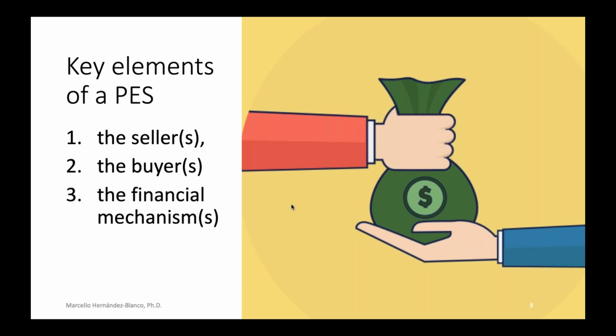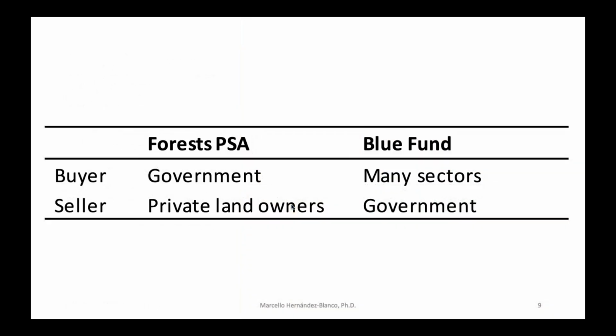And I'm going to use again the example of Costa Rica. The current payment for ecosystem services is called payment for environmental services, or PSA in Spanish. We have a buyer, which is the government, and that's the Pigovian approach that I was telling you before, where the government intervenes to collect the benefits from those sellers.